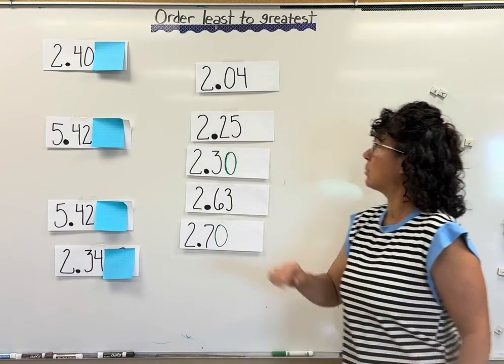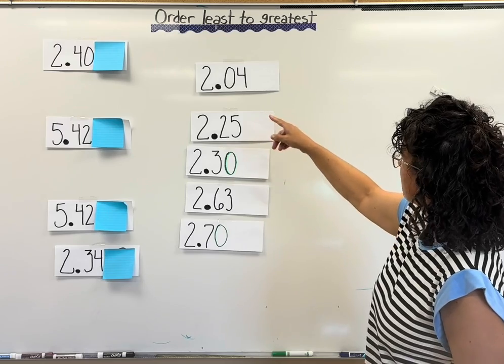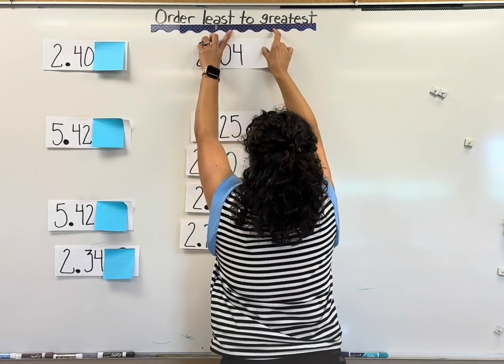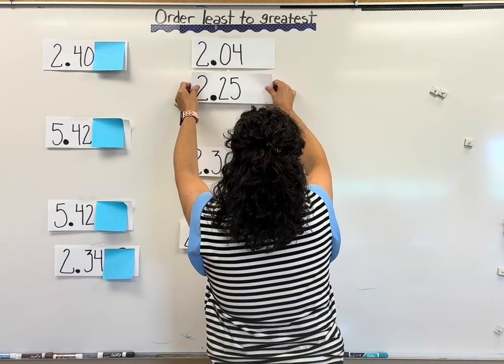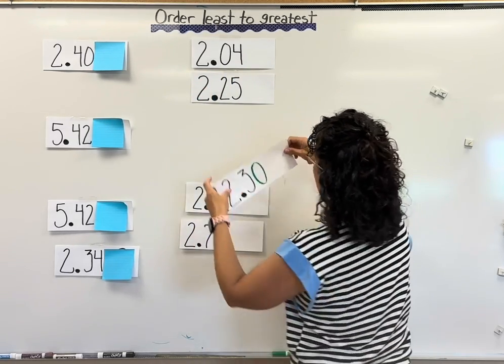So let's do the best we can to order them now. $2.04 is definitely going to be the smallest. Okay, then $2.25, $2.30.